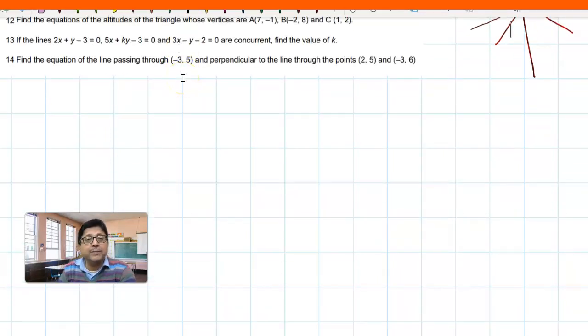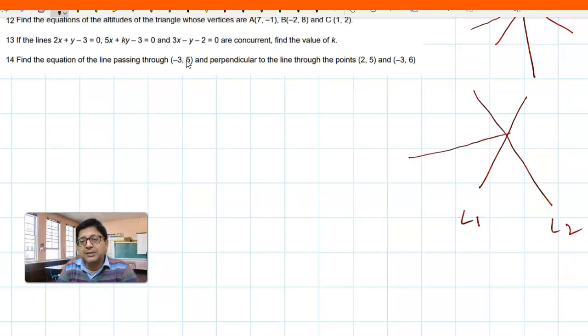If I draw the diagram for you, I am drawing line L1, line L2 and line L3. They asked you to prove concurrency, or I am assuming they asked you to find the value of k, assuming they are concurrent. So line L1 is 2x plus y minus 3 equal to 0. L2 is 5x plus ky minus 3 equal to 0. And the third one is 3x minus y minus 2 equal to 0.